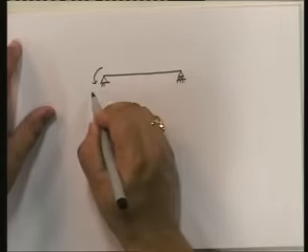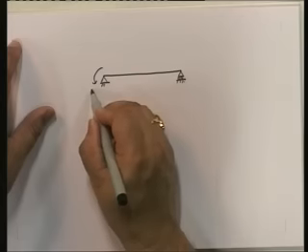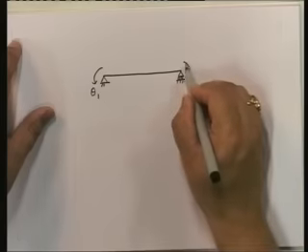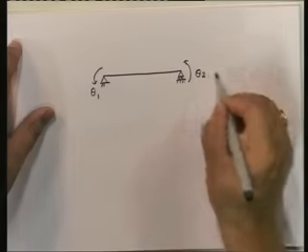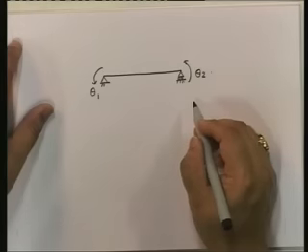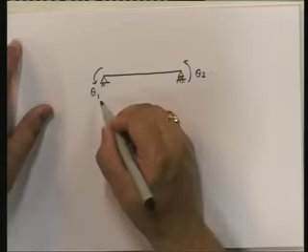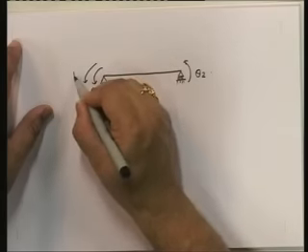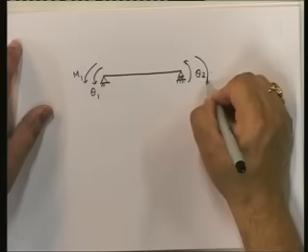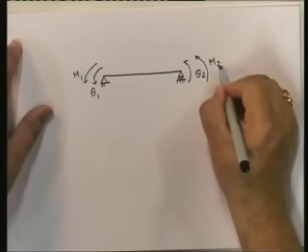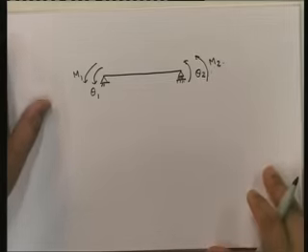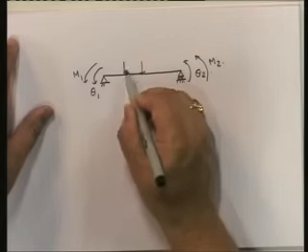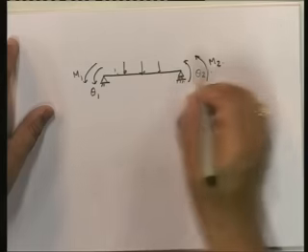It is going to be theta 1 and theta 2, and corresponding to these thetas are essentially moments M1 and M2. Now, in addition to this, there may be thetas due to loads on the member.